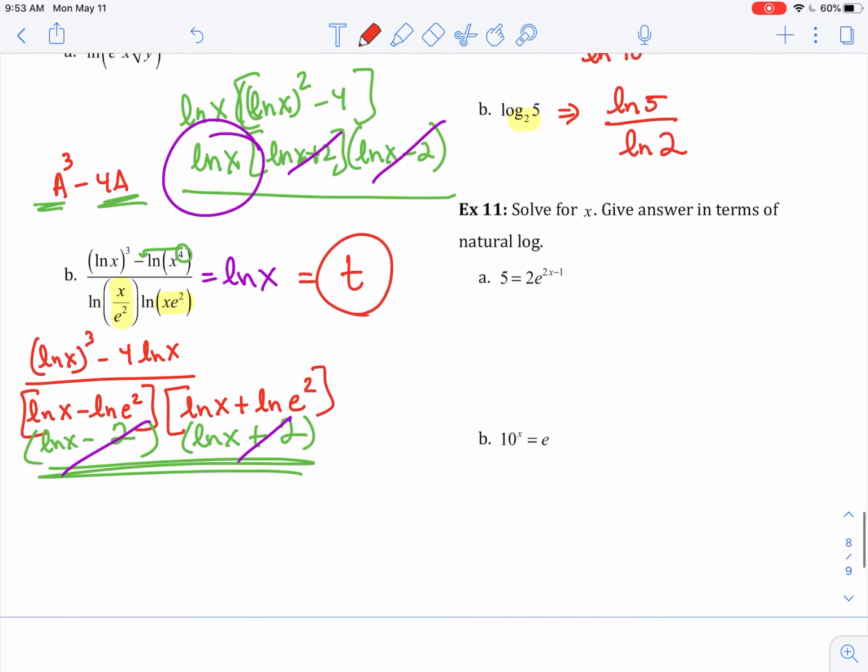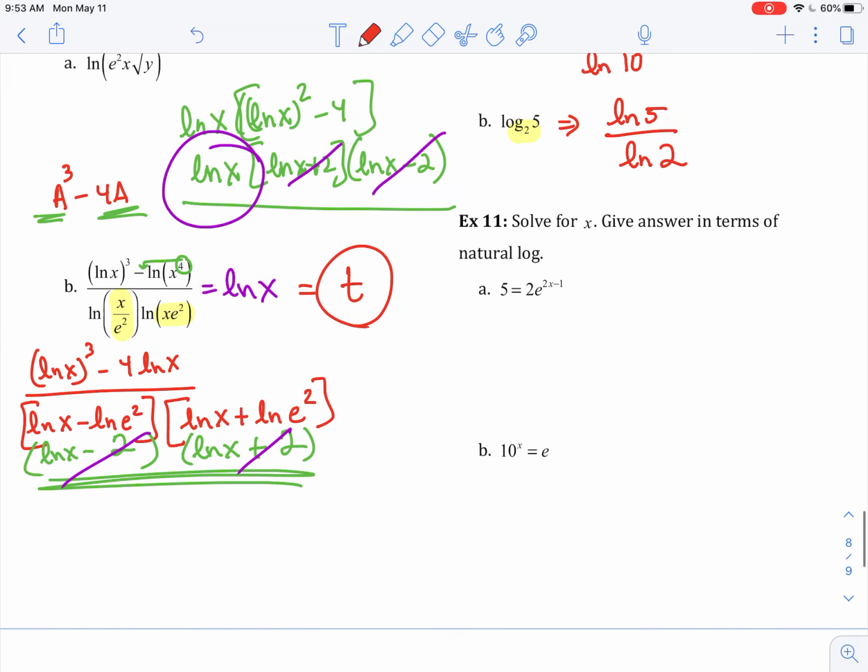And on example 11, our last 2 here, we want to solve for x. On A, I'm going to divide both sides by 2, trying to isolate that term that has the variable that we are trying to solve for. So right now we're looking at 5/2 is equal to e to the 2x minus 1.